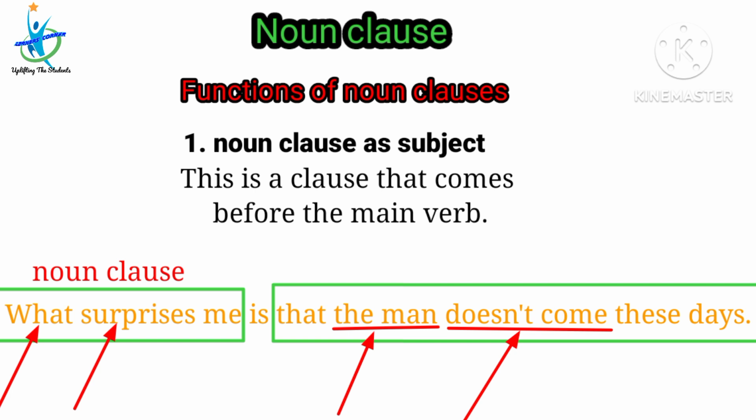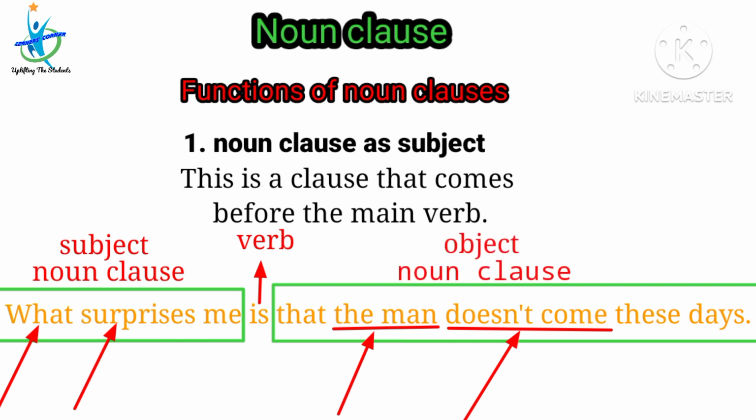So the first one, what surprises me, is the subject, is is the verb, and that the man doesn't come these days is the object. So when you want to replace this one with a noun or pronoun, you can have he is there, for instance, or he is the man. So he can replace what surprises me.